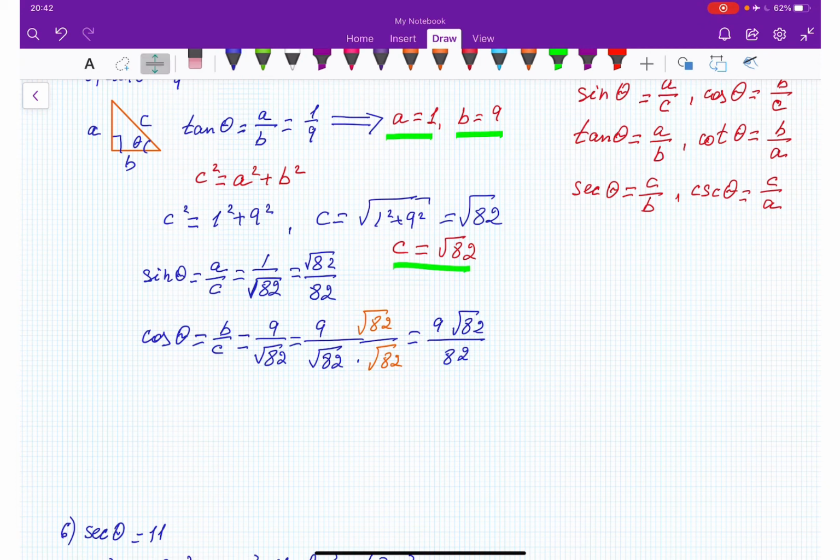Secant theta is equal to C over B. Or I can put 1 over sine theta also. I mean 1 over cosine theta, I'm sorry.